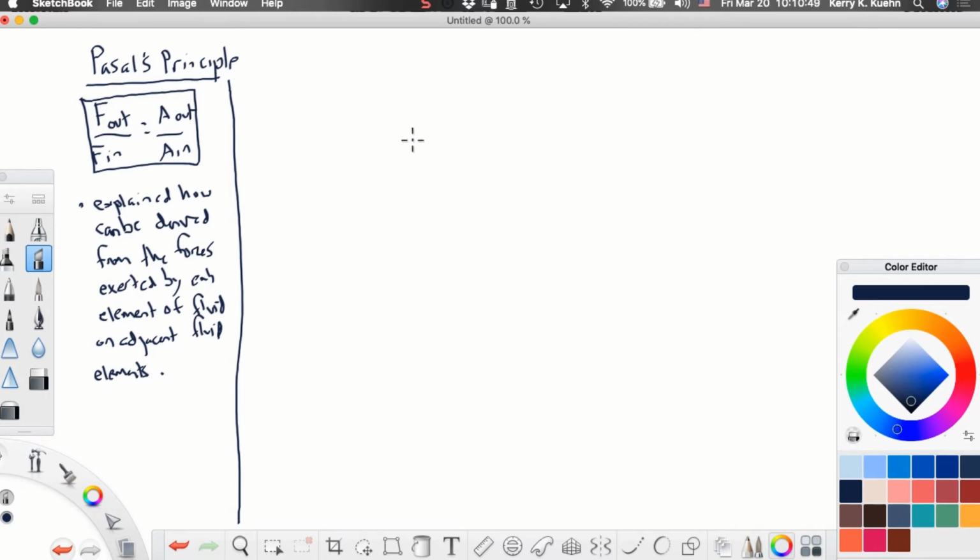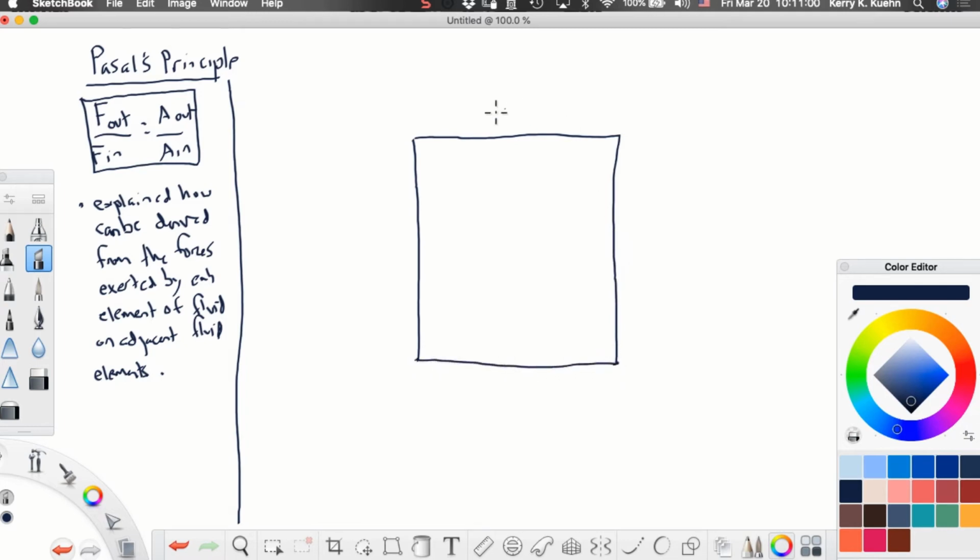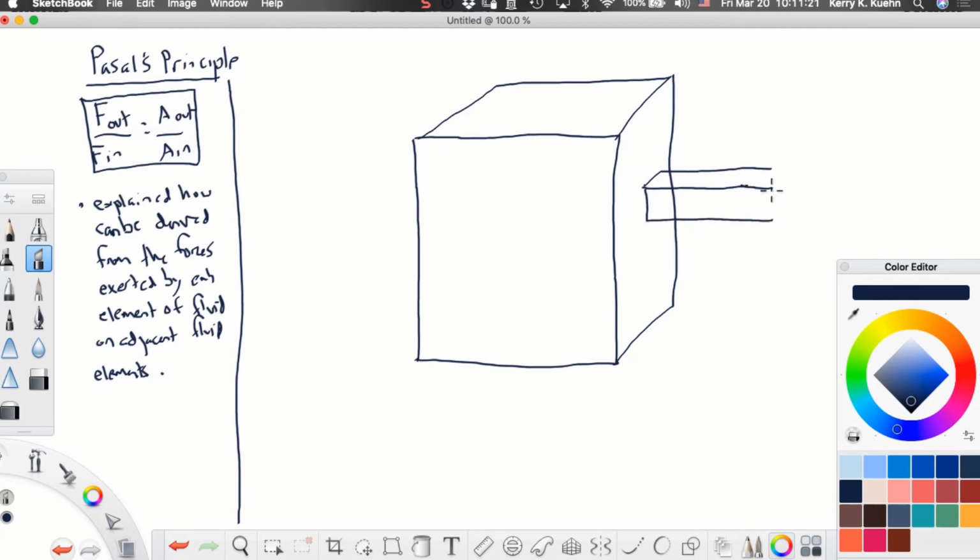So I want you to think about a large chamber of fluid. I'm going to draw this large fluid chamber. To make it easy, I'm going to have a cubical chamber like this. And I want you to imagine that there is a cubical tube, I guess square cross-section tube sticking out of this side, like this.